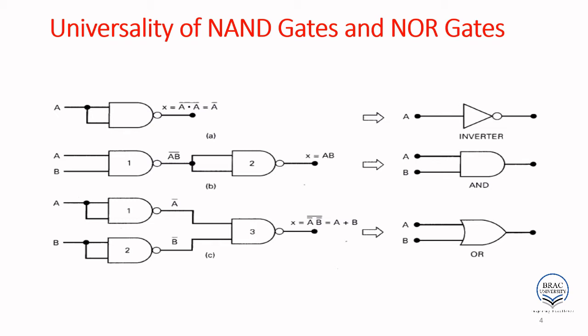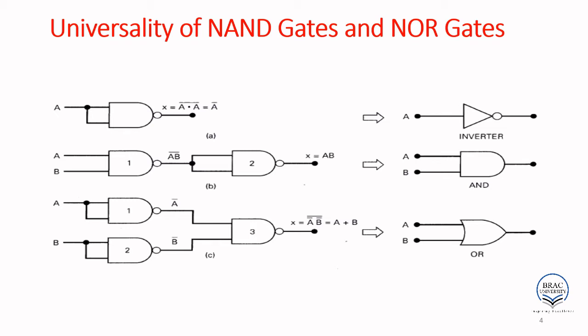So here we are implementing inverter, AND and OR from NAND gates. Just the same as before, 1 NAND gate for inverter, 2 NAND gates for AND, and 3 NAND gates for OR. So for A, A dot A whole prime, which is A prime.